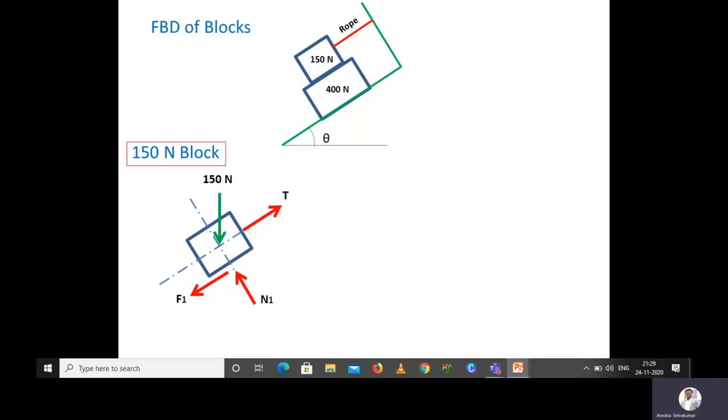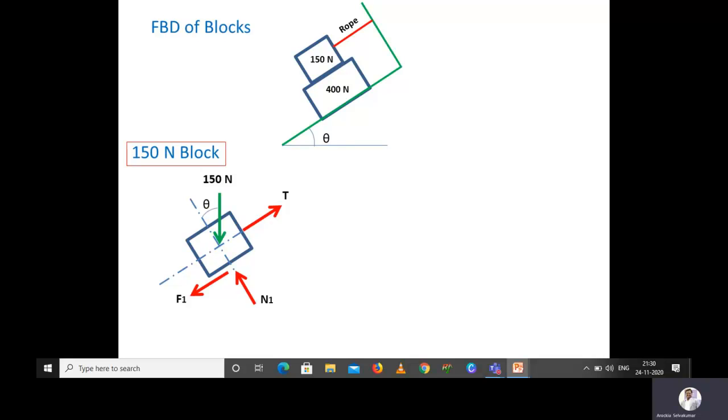Because of this 150 Newton weight, there will be a normal reaction on the 150 Newton block. I am taking it as N1. We have already discussed that the normal reaction will be perpendicular to the plane, so here N1 is perpendicular to the plane.